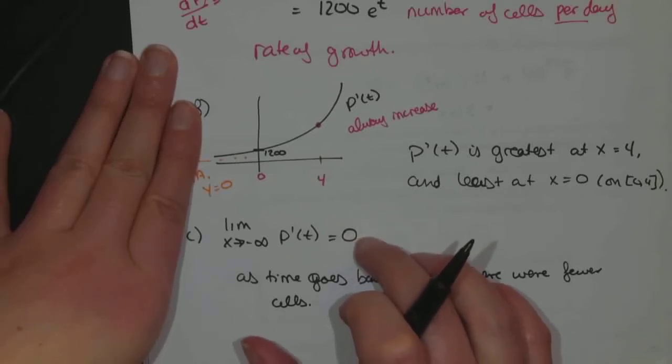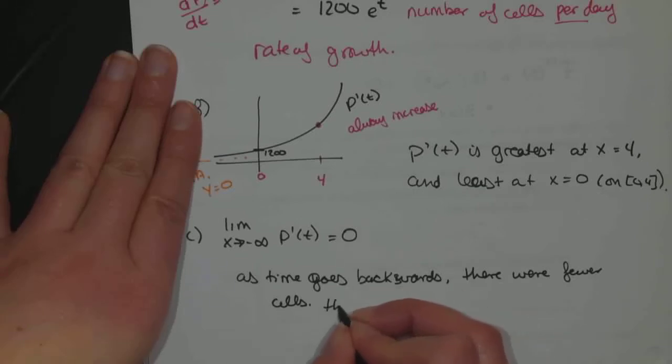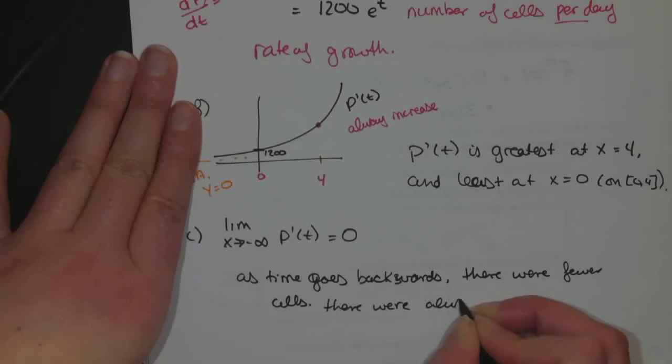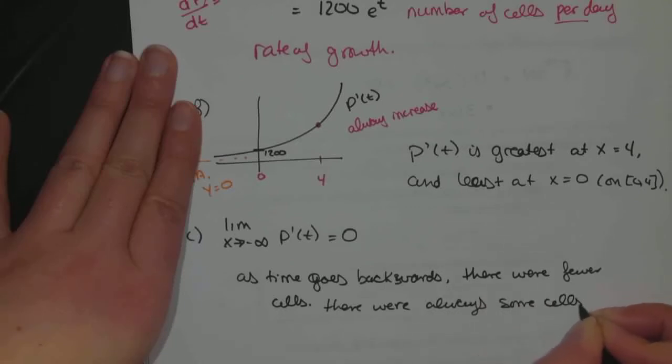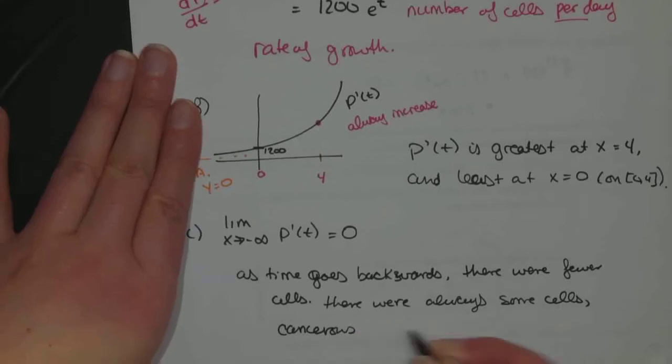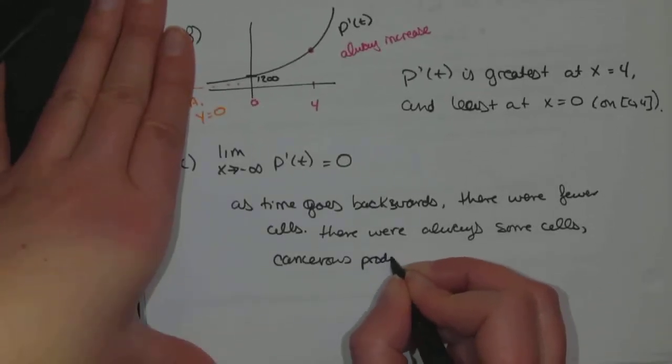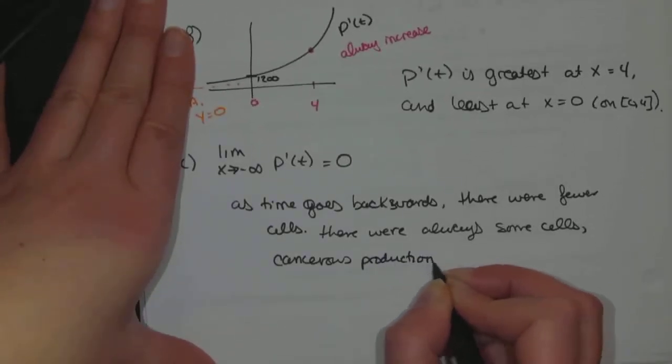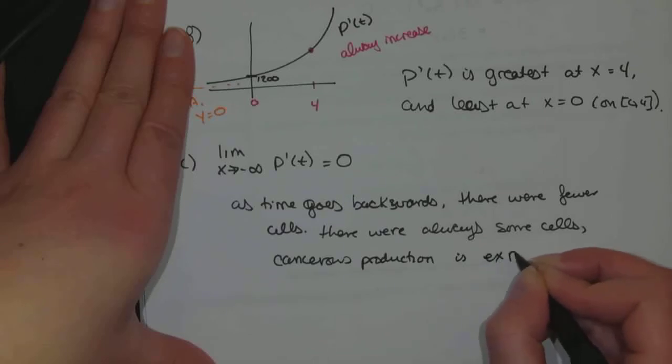The limit is 0, which means that there were always some cells. But that production is rapidly increasing. So cancerous production is exponentially increasing.